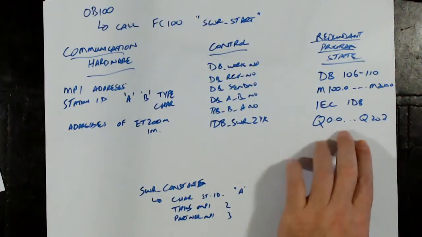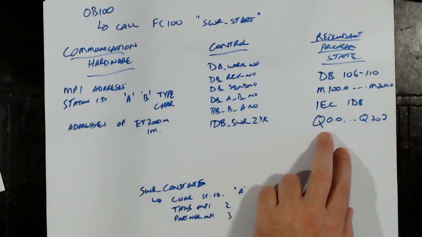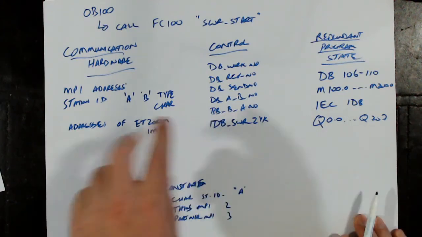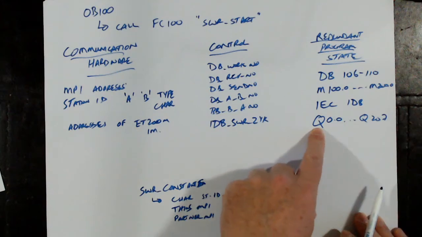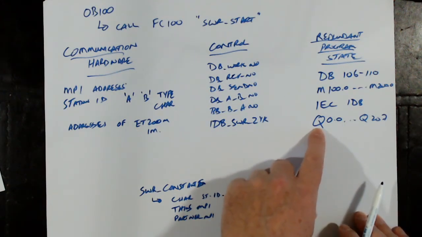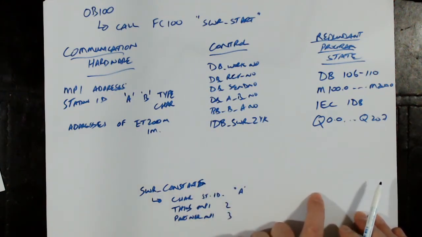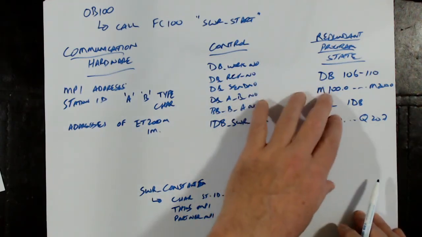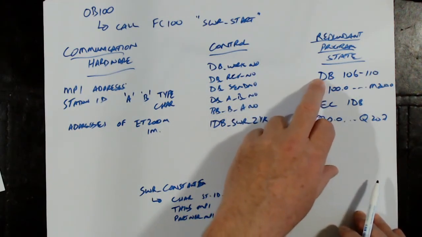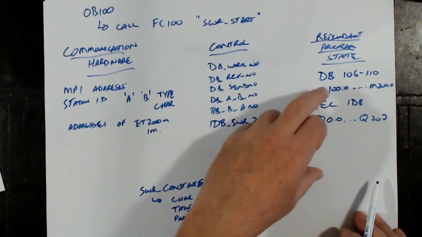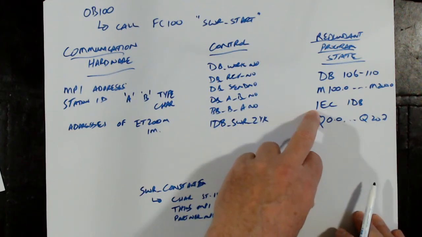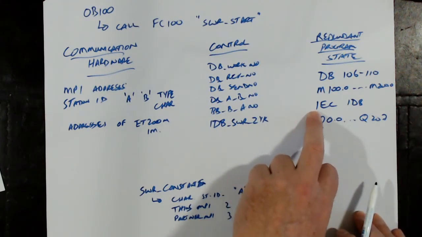It doesn't matter where we put it, but it's two of the parameters of FC100's call. The first parameter is where these outputs start, and the second is how many output bytes there are. The same goes for all the DBs: which is the first of the DBs and how many there are, which is the first memory byte and how many bytes we're using, which is the first instance data block and how many there are.